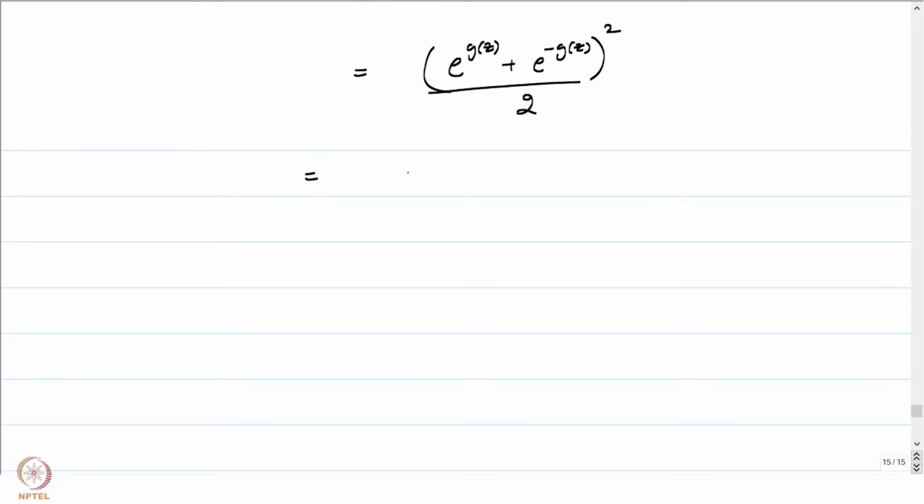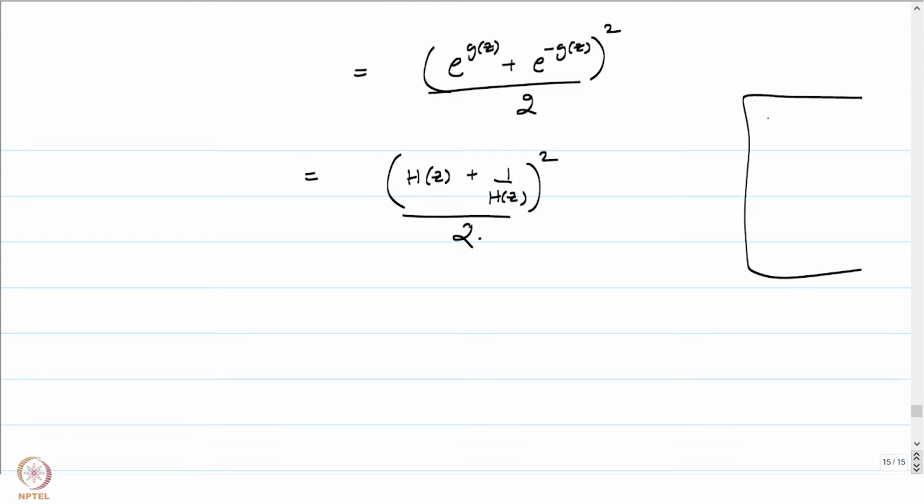So this is going to be equal to h of z plus 1 by h of z, the whole square by 2. But what was h of z? h of z was equal to square root of f of z minus square root of f of z minus 1.